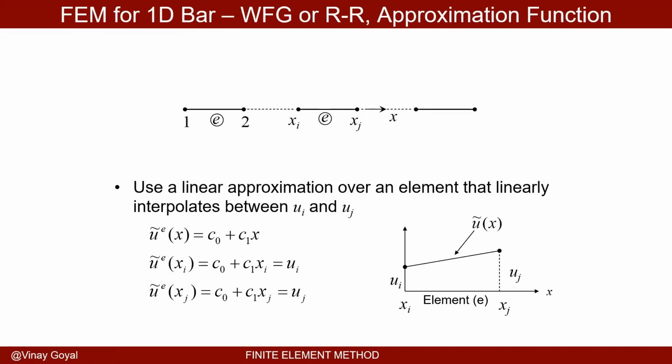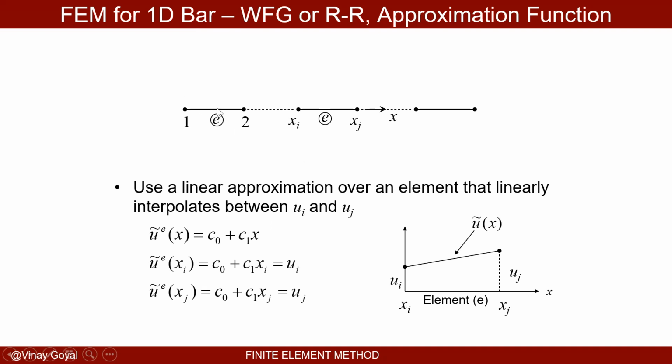So how do I do that? Let's select a generic element E with nodes I and J. Node I has a coordinate xi, node J has a coordinate xj, and the deflection at node I is ui, the deflection at node J is uj.